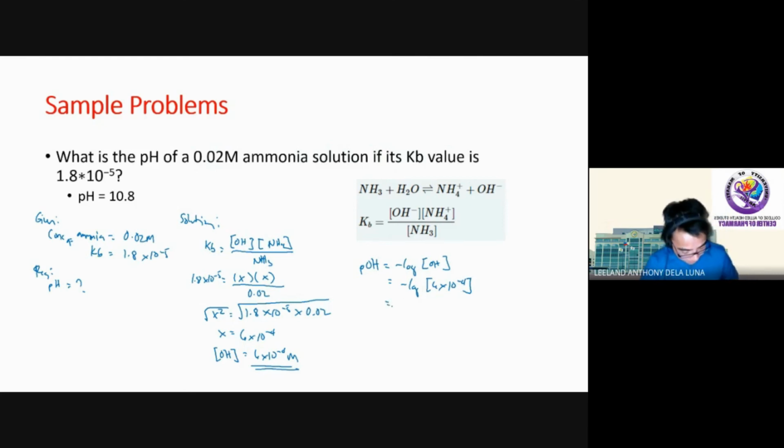Okay. Negative log answer. You get 3.22. Okay, pH, sabi nga natin, is 14 minus pOH. 14 minus 3.22.